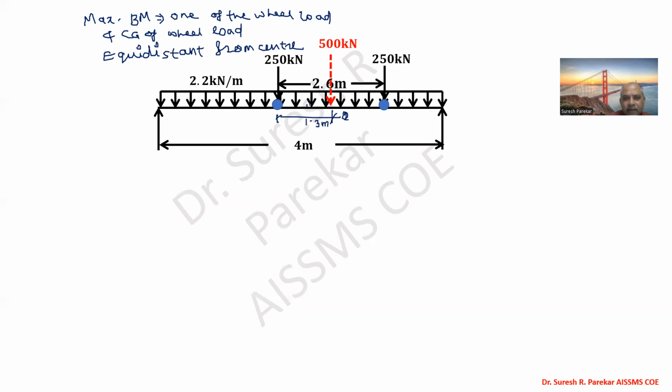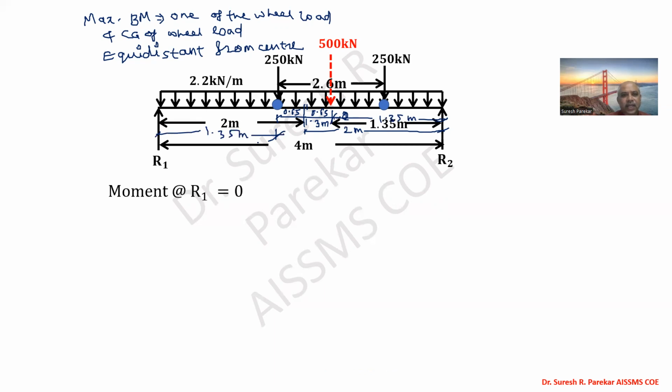Now the center, you can see, we have the center over here, that is 2 meter. Equidistance means this should be 0.65 and this should be 0.65. As this again is 2 meter, and this is 0.65, automatically this becomes 1.35 meters. Similarly, we can have this distance as 1.35 meters.